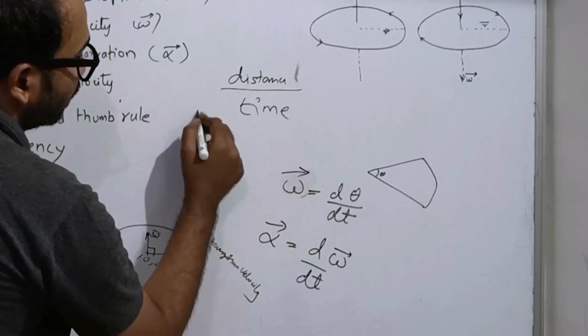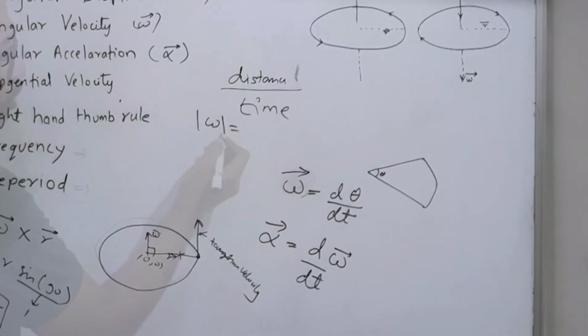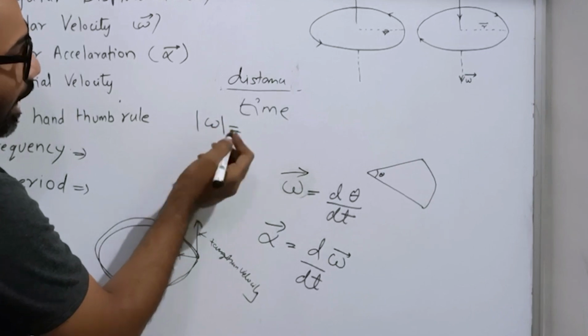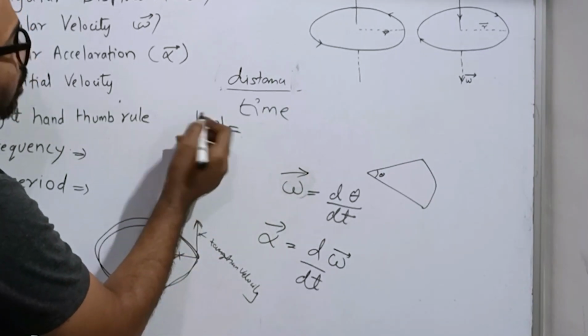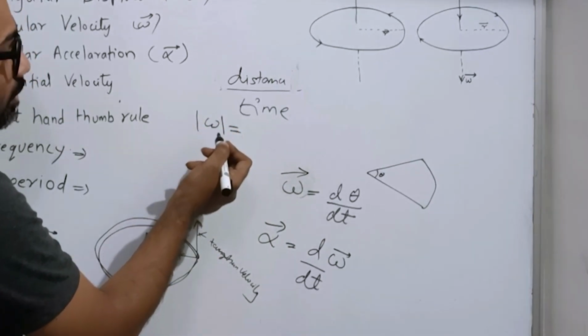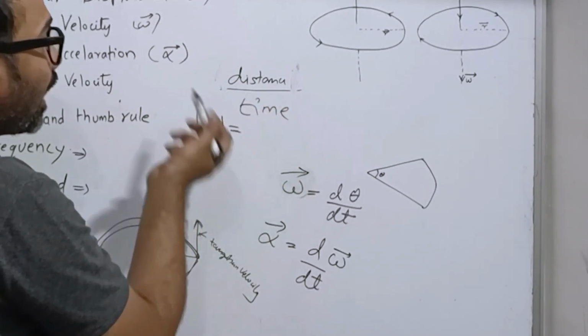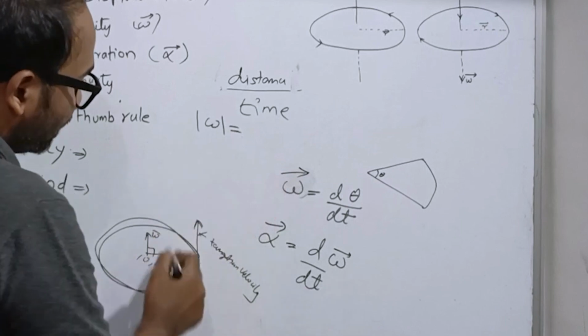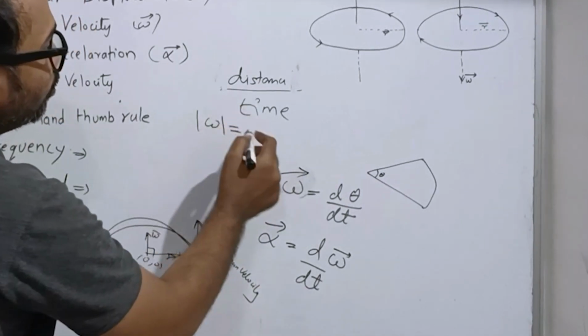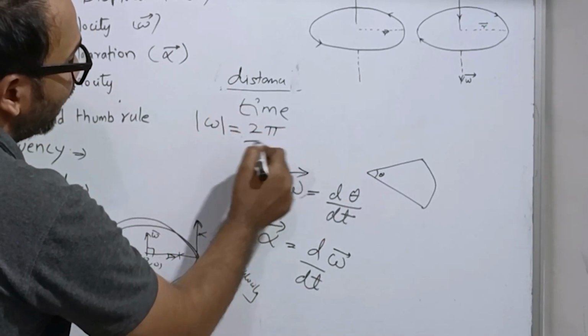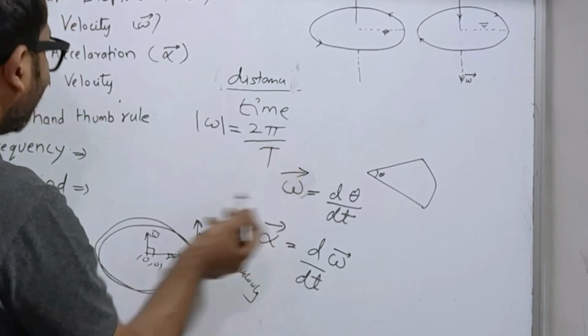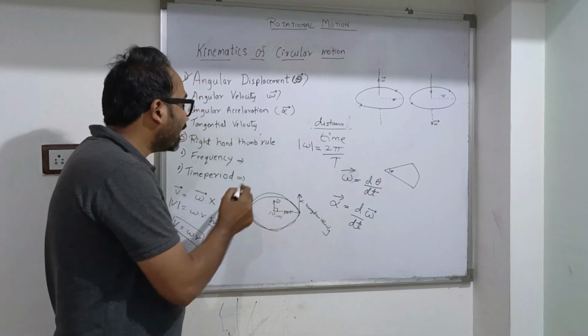If I want to calculate the magnitude of this omega, the angular speed, it would be the distance upon time. Now distance in terms of angular is the angle, so this angle is nothing but 2 pi by T. Here T is the time period.